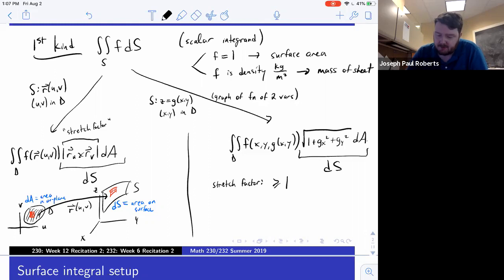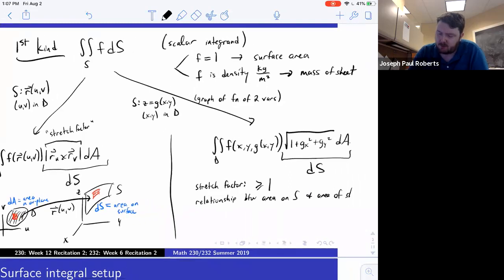So it's always at least 1, and it's the relationship between area on the surface and area of the shadow.